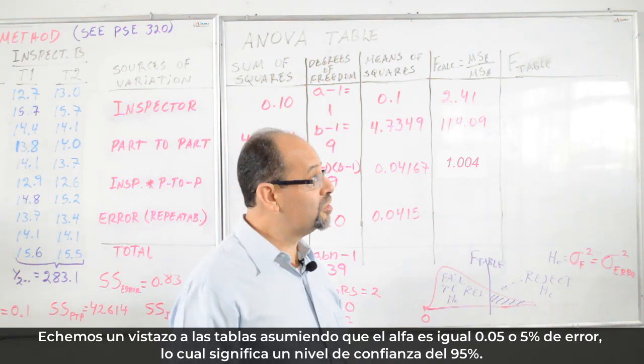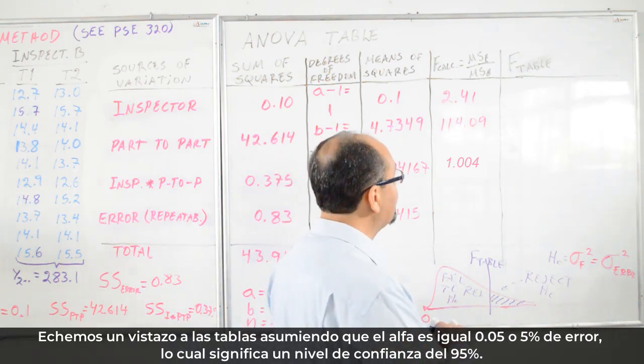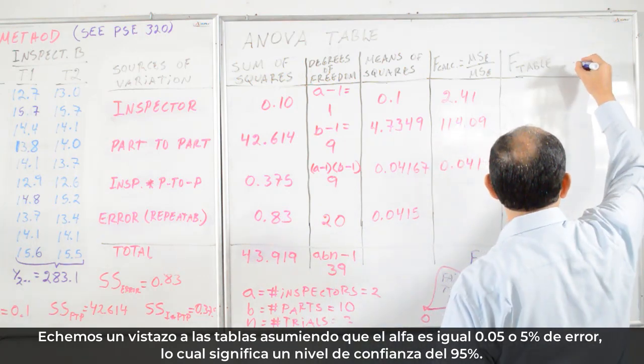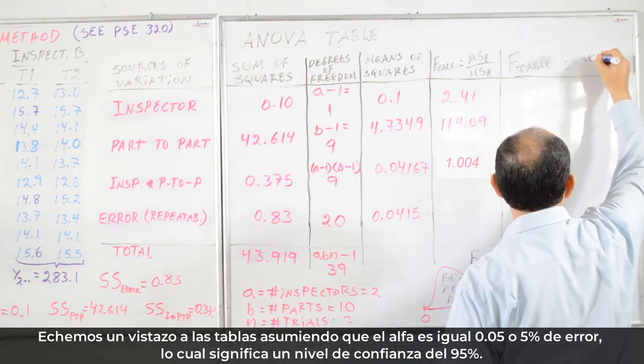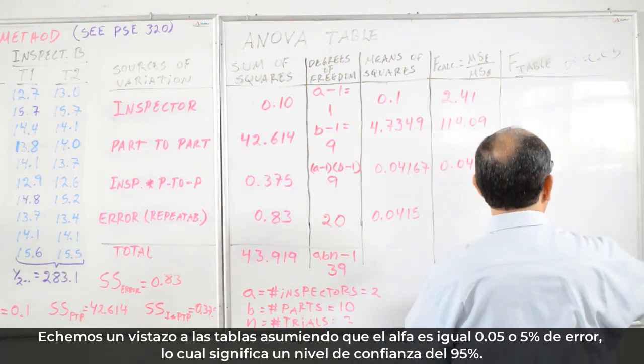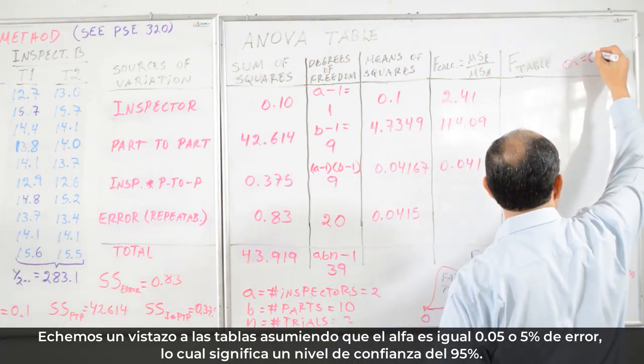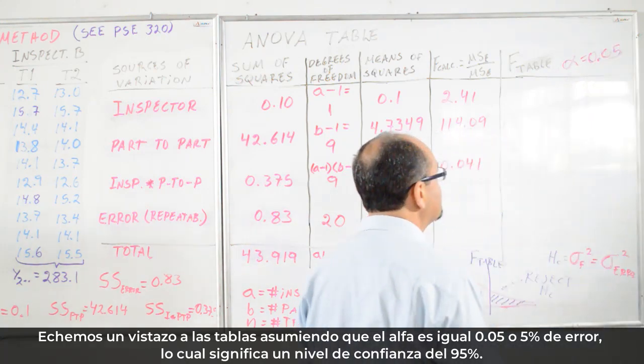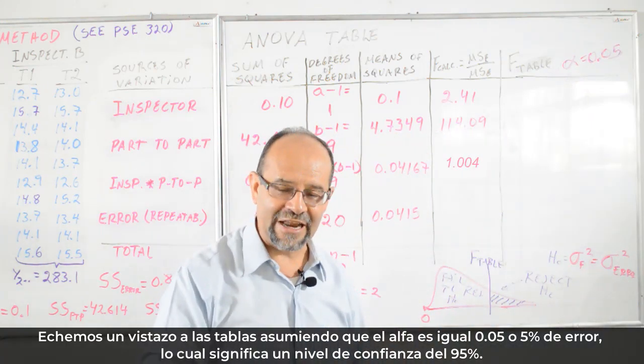Let's take a look at the tables, assuming alpha equal to 0.05, which is 5% of error, or a 95% confidence level.